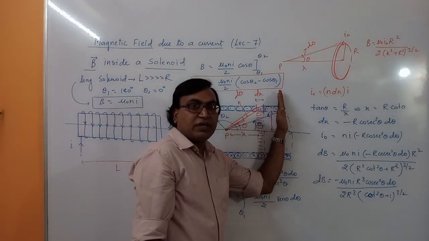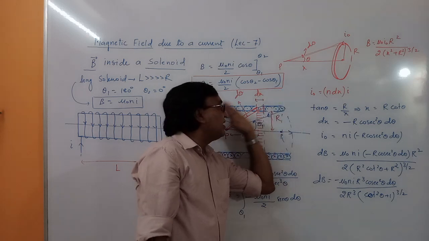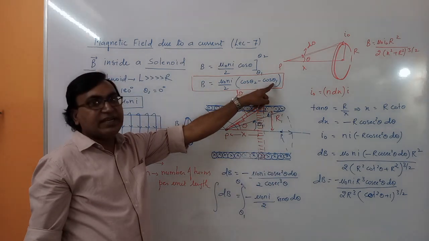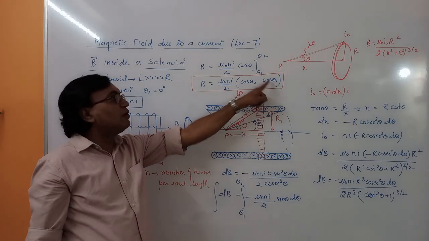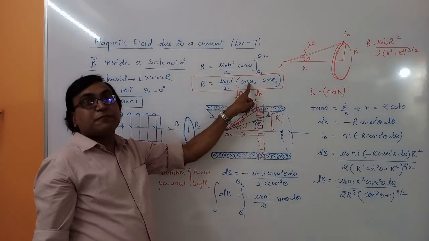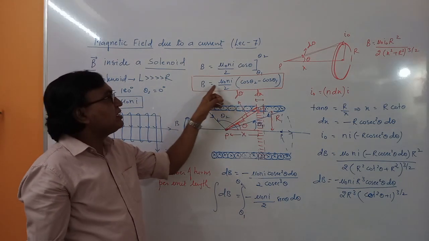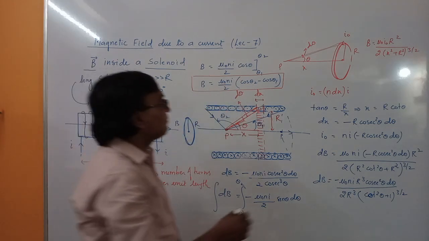So theta 1 will be 90 and theta 2 will be 0. Cos 90 becomes 0 and cos theta 2 becomes 1.